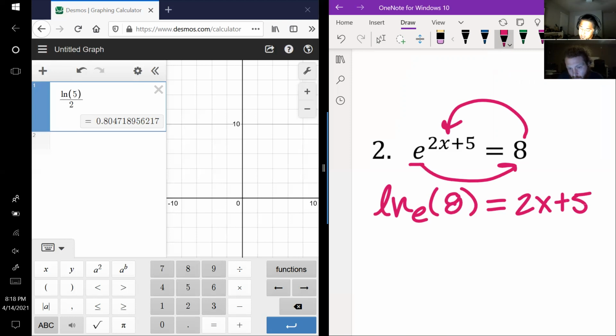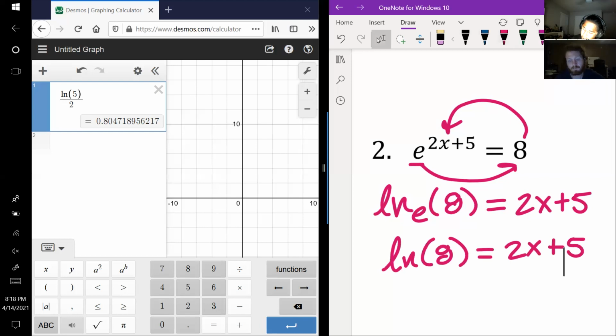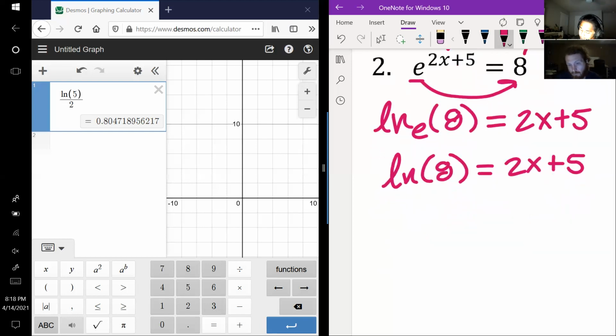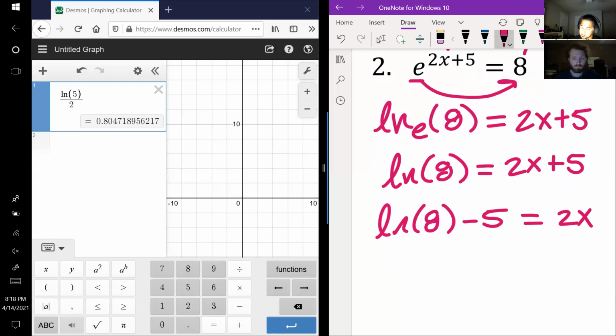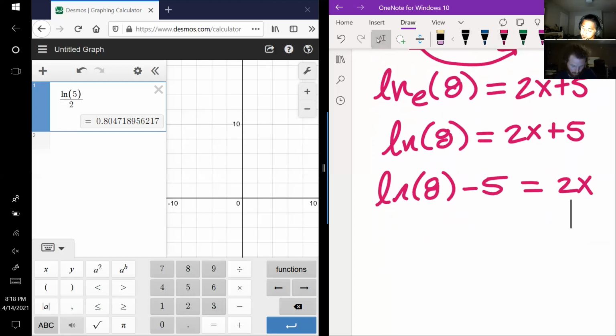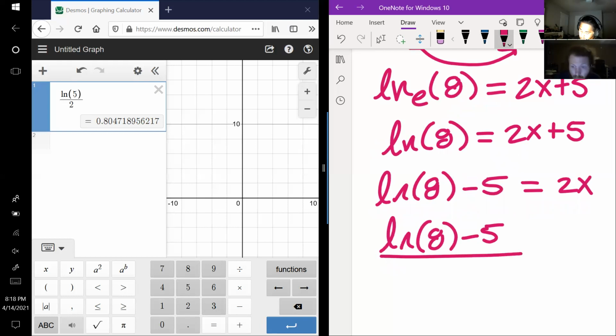Now go ahead and rewrite this as the natural log of 8 and solve for x. We are going to move the 5 over, so you'll get natural log of 8 minus 5 equal to 2x, and then divide by 2. That is equal to x.